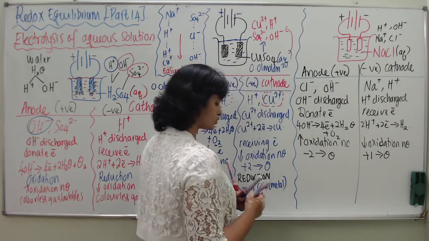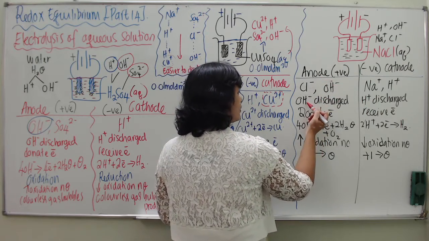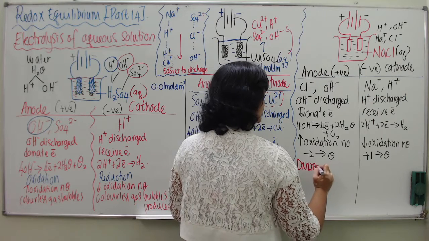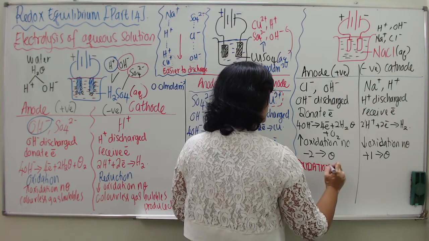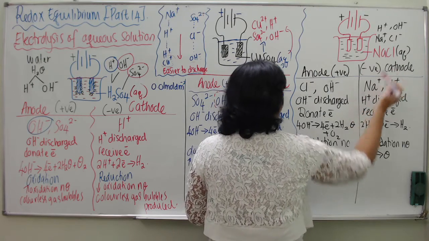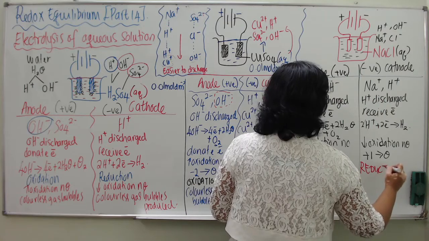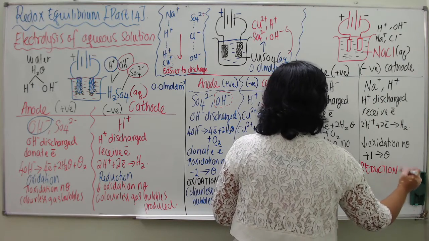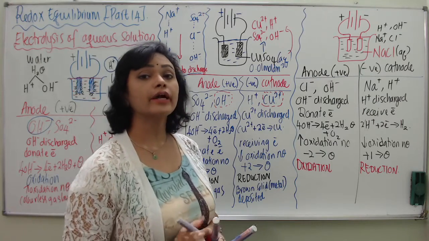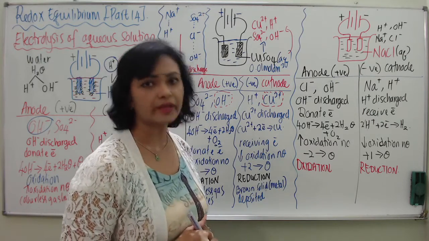So this shows who has gone through oxidation? At the anode, hydroxide ion went through oxidation, and hydrogen ion at the cathode goes through reduction. This proves that oxidation and reduction happen at the same time. So this is the redox reaction.